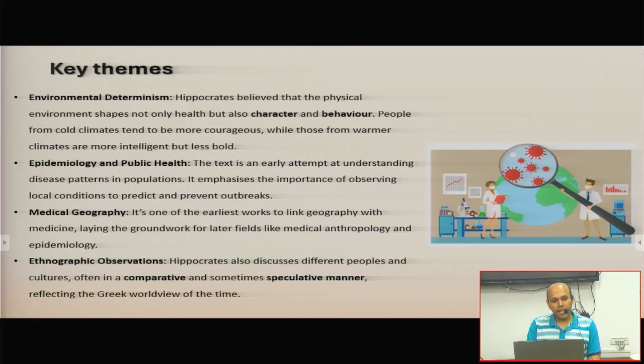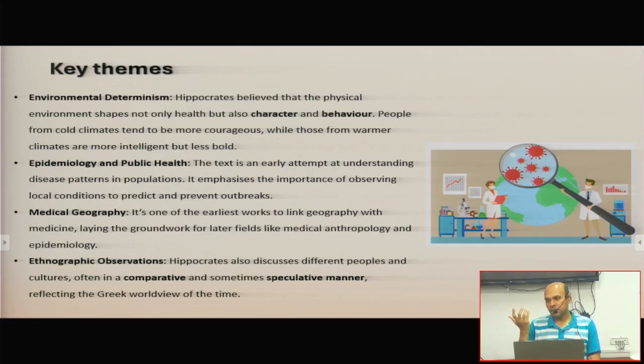The last one is ethnographic observation, where Hippocrates also discusses different people and cultures, often in a comparative and sometimes speculative manner, reflecting the Greek worldview of the time. What he is saying is that he is looking from his lens, the Greek lens.